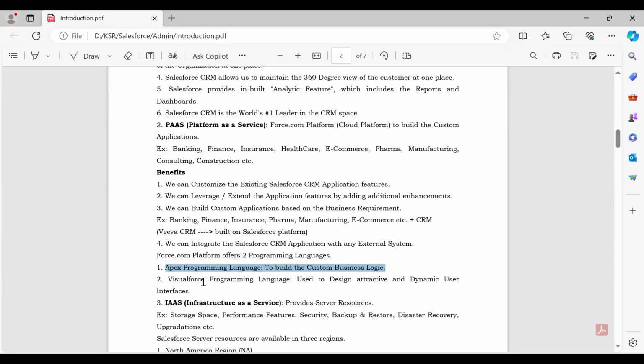And in December 2018, they introduced one more programming model, Lightning Web Components, which we can use to design attractive and dynamic user interfaces. By using this force.com platform and these programming languages, we can build custom applications based on the business requirements provided by the customer, whatever the type of industry.